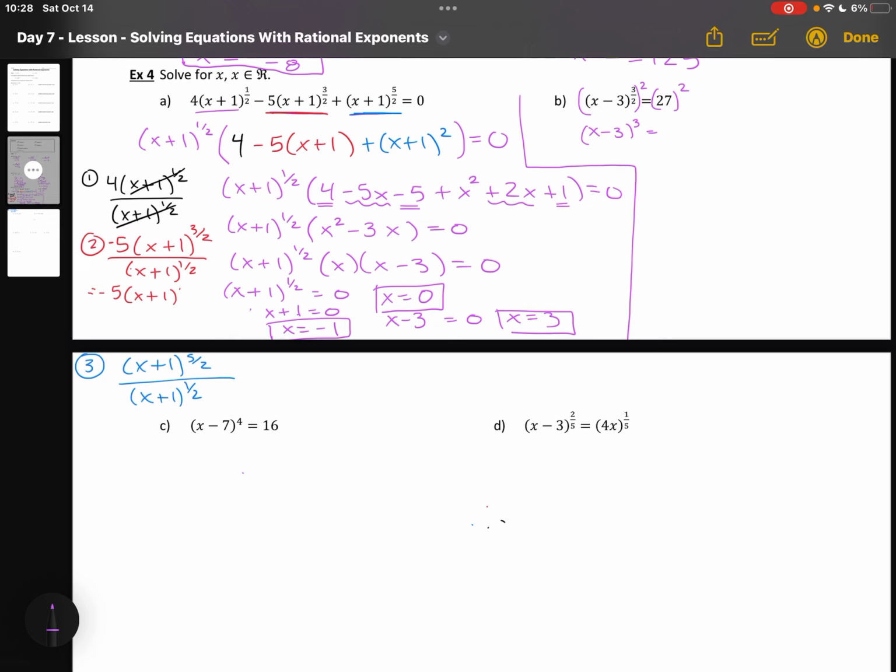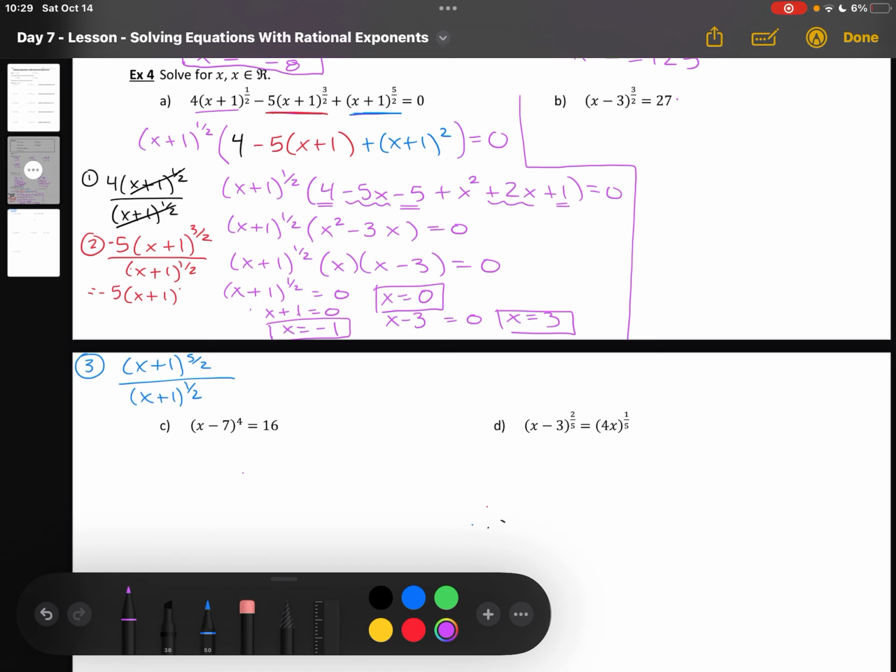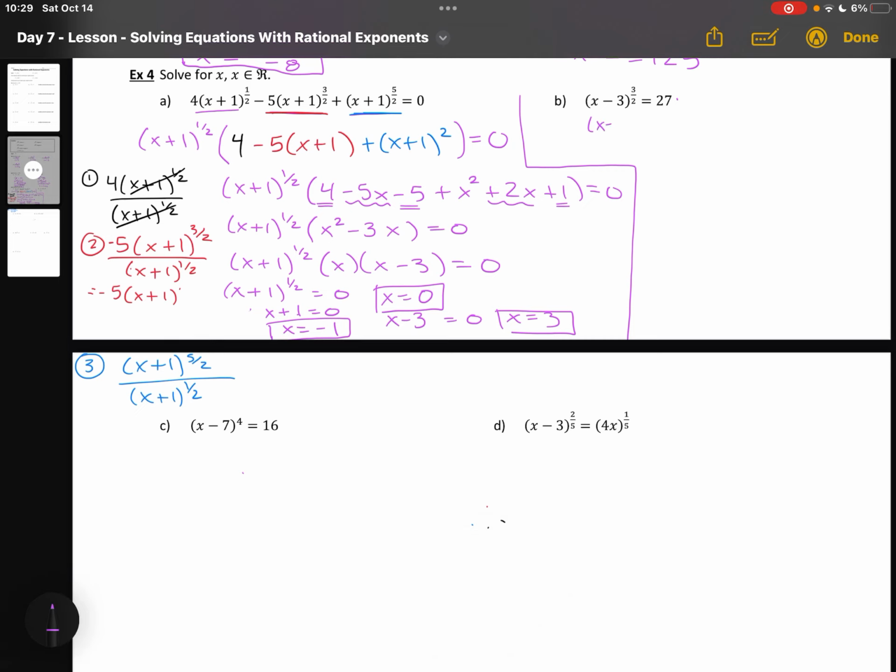you know what? Let's try doing something different here. Let's try taking the cube root of both sides first. The only reason I'm doing this here is because I see that my right-hand side, I can cube root easily without a calculator.